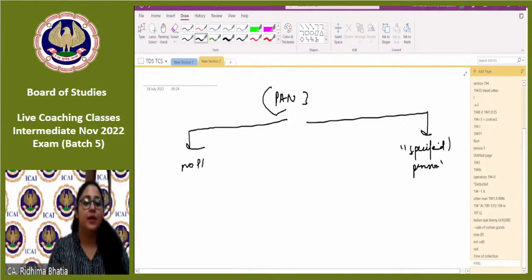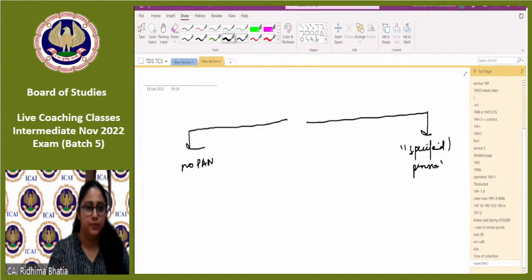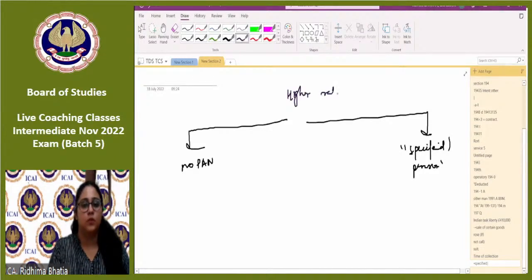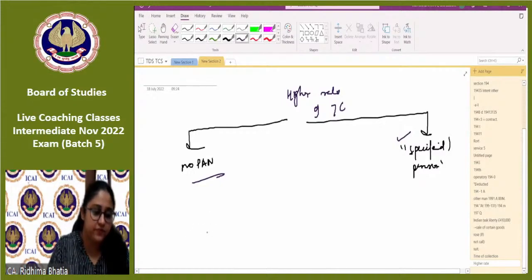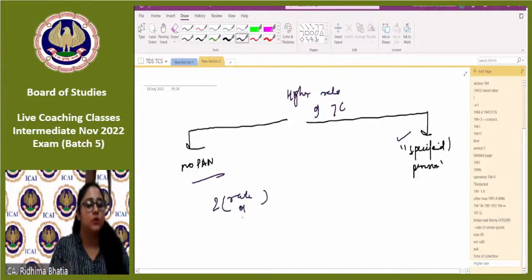If no PAN is provided by the collectee, or if the collectee is a specified person, then the higher rate would be twice the rate of the section, or 5%, whichever is higher.